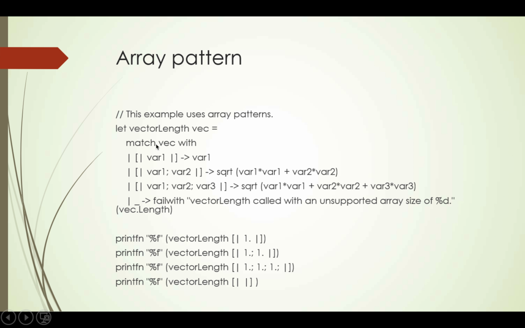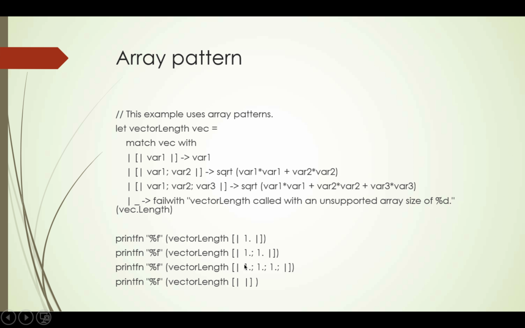We match our vector with this, so there's only 1 in here, so we're going to just print out what's inside of it. And now, if there's 2 things, for our second one here, we're going to say the square root of our first one times our first one plus our second one times our second one.